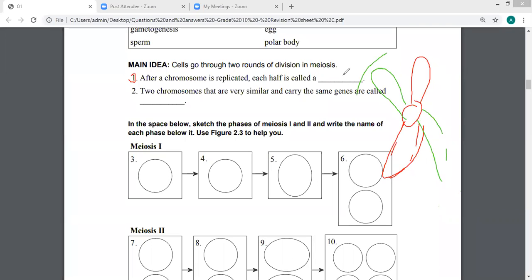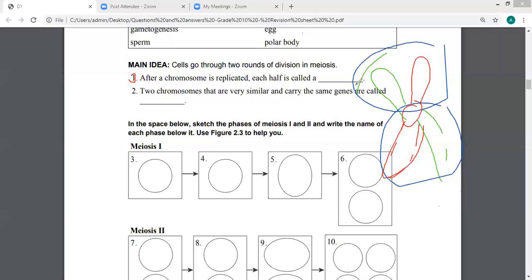So this shape of chromosome appears after the division, not before it. The question asks about each half of this chromosome, what is it called? Chromatid.